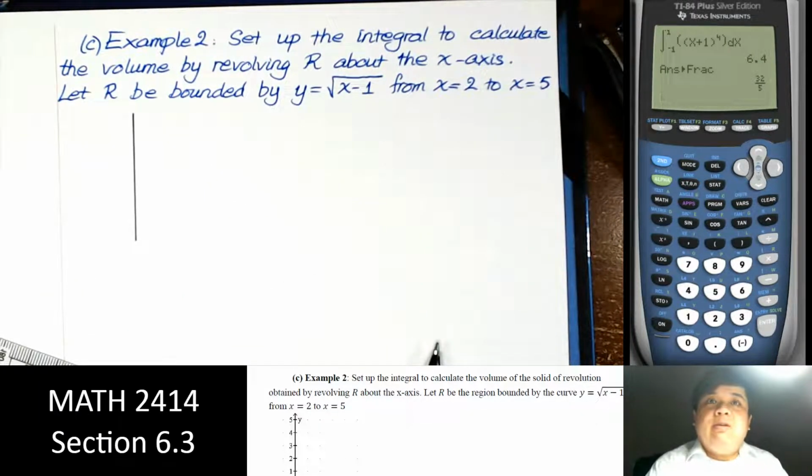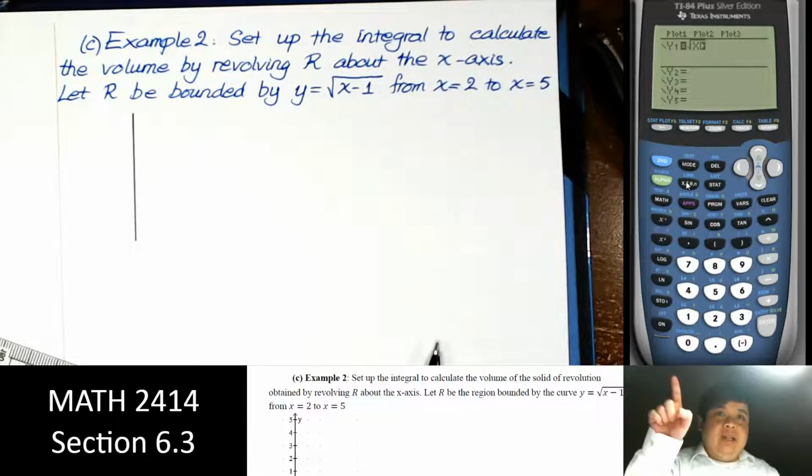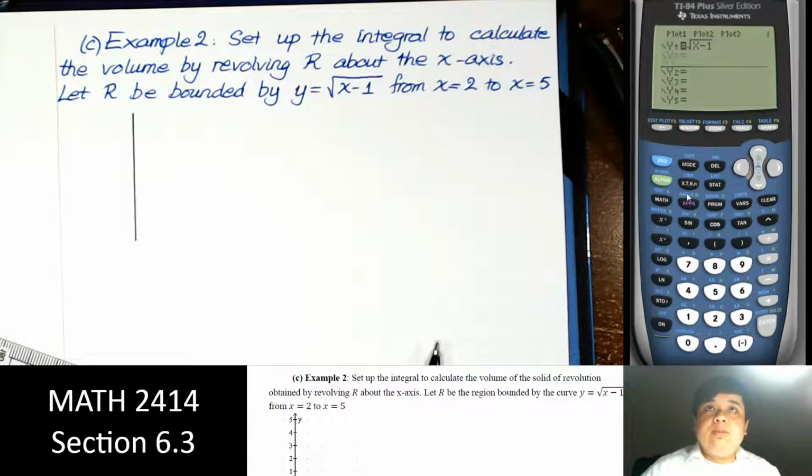Alright, let's see the graph first. Y equal to square root of x minus 1. It's pretty much the square root of x curve, and then move 1 unit to the right. Right? Let's see the table.